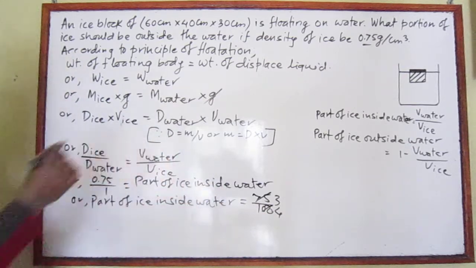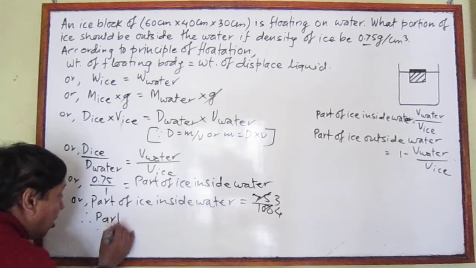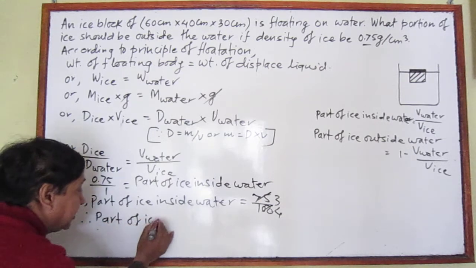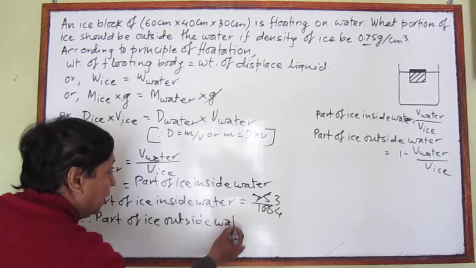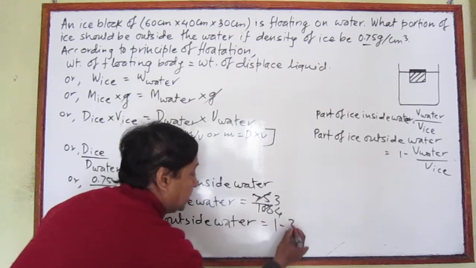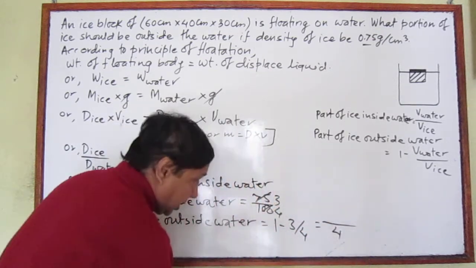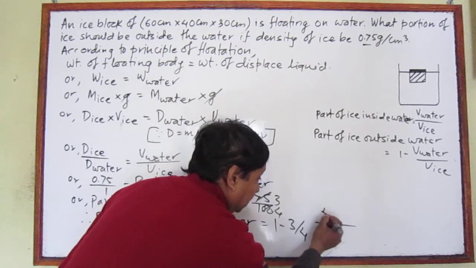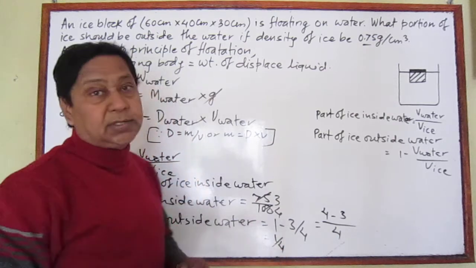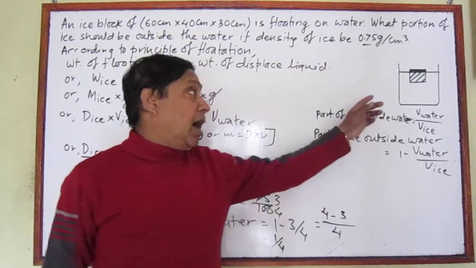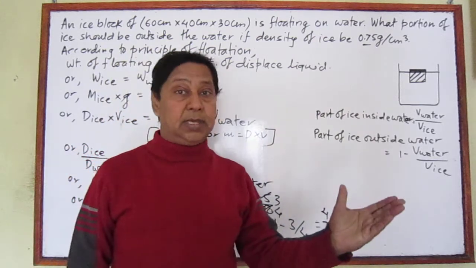If the part of ice inside water is 3 by 4, then the part of ice outside water will be 1 minus 3 by 4. Taking the LCM, this is 4 minus 3 upon 4, which is equal to 1 by 4. This way we can say that out of 4 parts, 1 part is outside the water. 1 by 4 is outside the water.